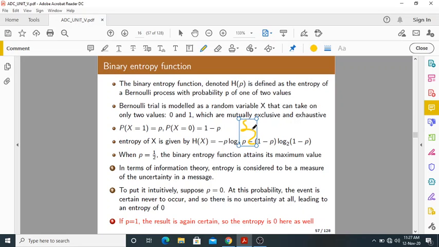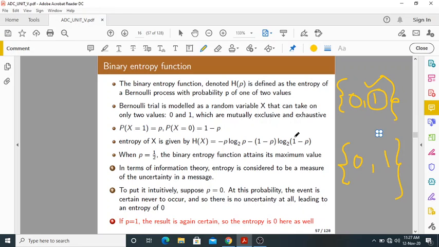We had only two symbols, so x takes on only two symbols, either 0 or 1. Suppose if p equal to 0, it means the probability of x equal to 0 is 1, which means this will occur for sure. If the reverse happens, if p equal to 1, what does it mean?